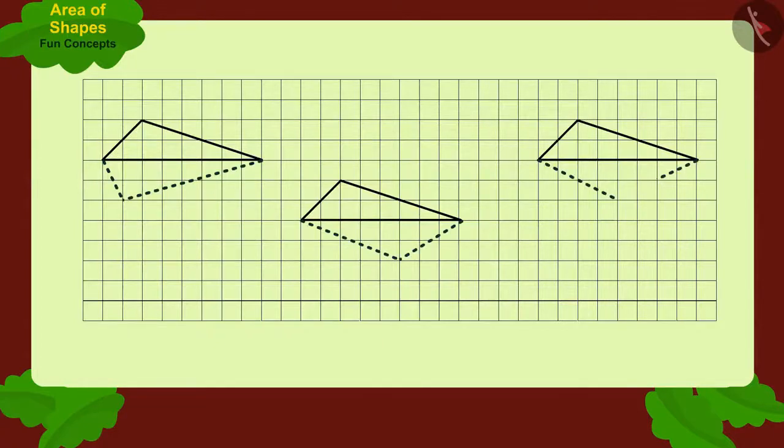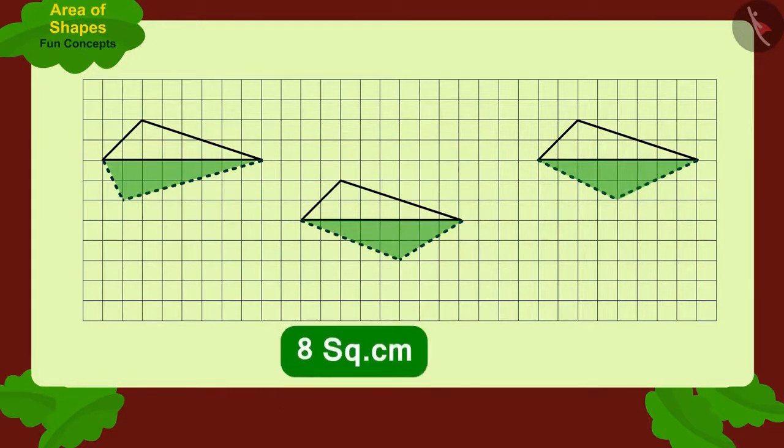Well done, kids! Your answer is absolutely correct. We can also make two such lines in these ways, which, when made, the area of the second part of the box is always 8 square centimeters.